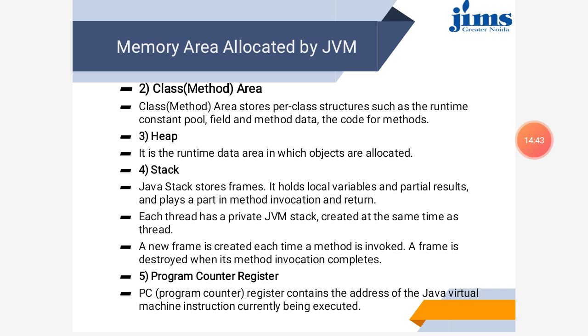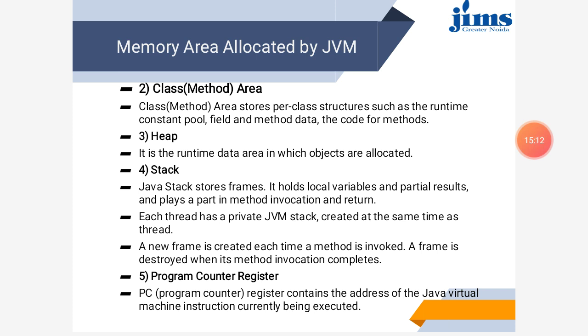Second component of JVM is class area or memory area, which contains various components. Class area stores class structures such as runtime constant pool, field and methods data, and code for methods.